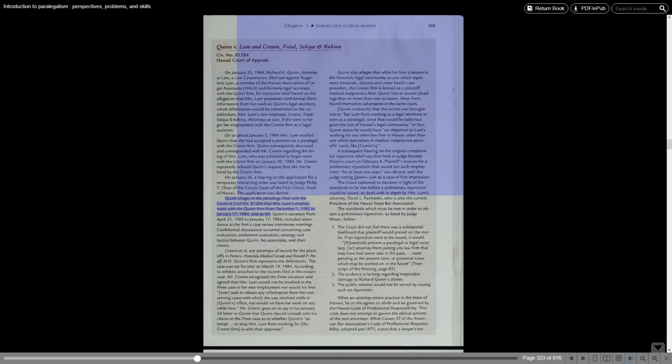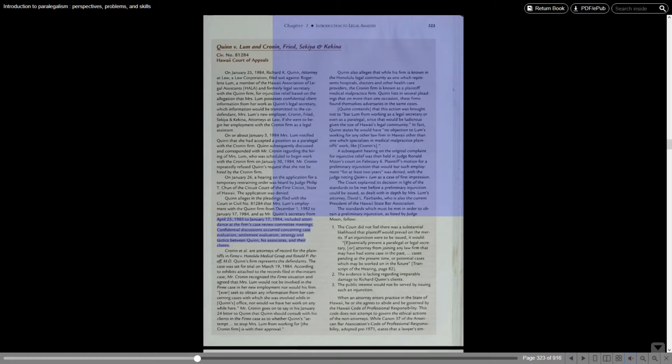Quinn alleges in the pleadings filed with the court in Civil No. 81284 that Mrs. Lum's employment with the Quinn firm, from December 1, 1982, to January 1, 1984, and as Mr. Quinn's secretary from April 25, 1983, to January 17, 1984, included attendance at the firm's case review committee meetings.